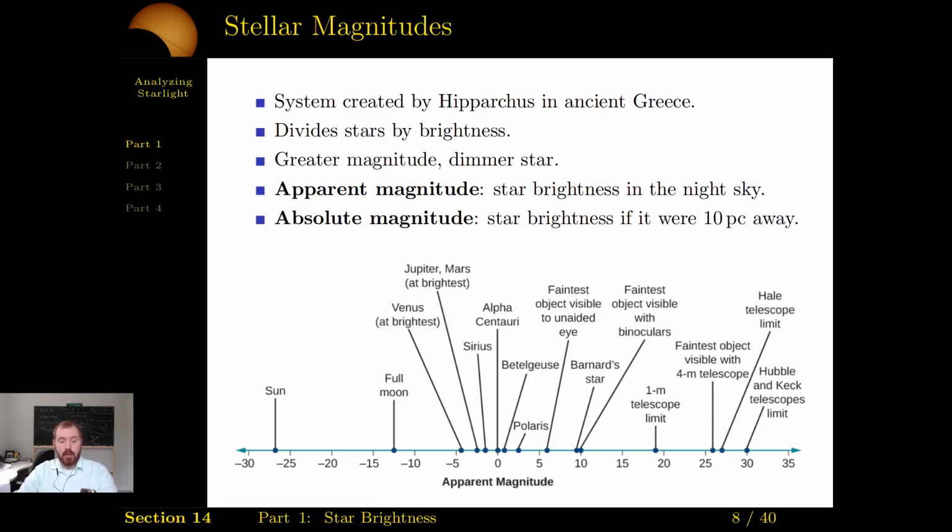Parsec. Parsec is distance. It's the distance of, if I have our sun, Sol, it's labeled PC as a parsec. Hopefully this works.